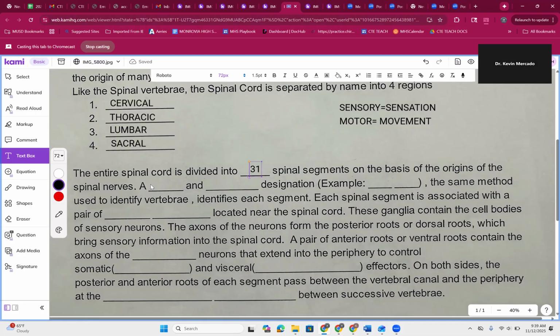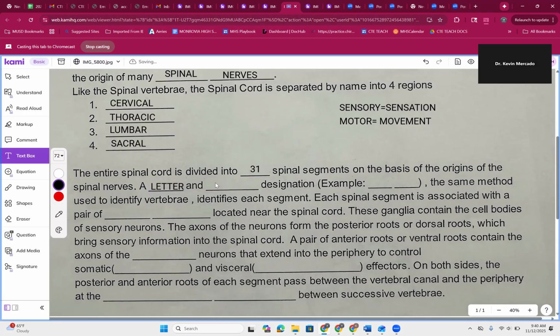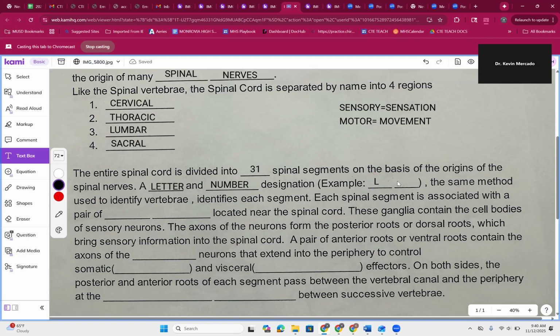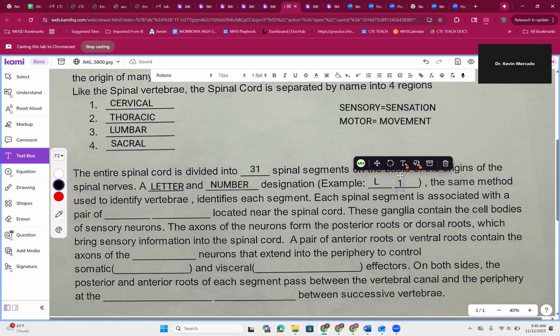So a letter and number designation, for example, L1, a letter and number designation. So L1. The same method used to identify vertebra identifies each segment.